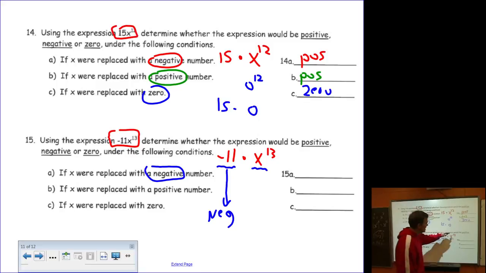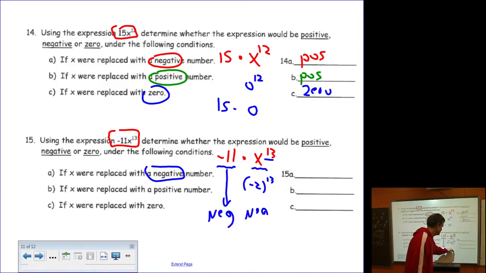If I put a negative number in for x, for example, I put negative 2 in for x, we have learned in class that a negative number to an odd exponent will still be negative. Any negative number to the 13th power, since it's an odd exponent, will still be negative.